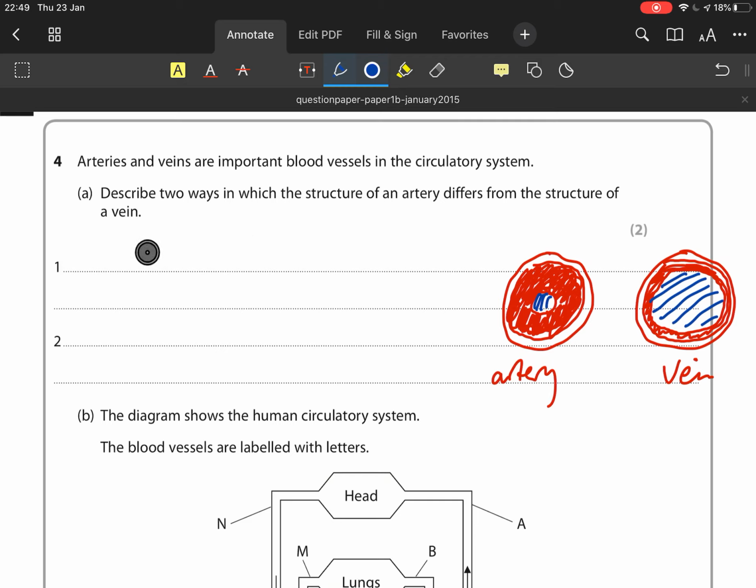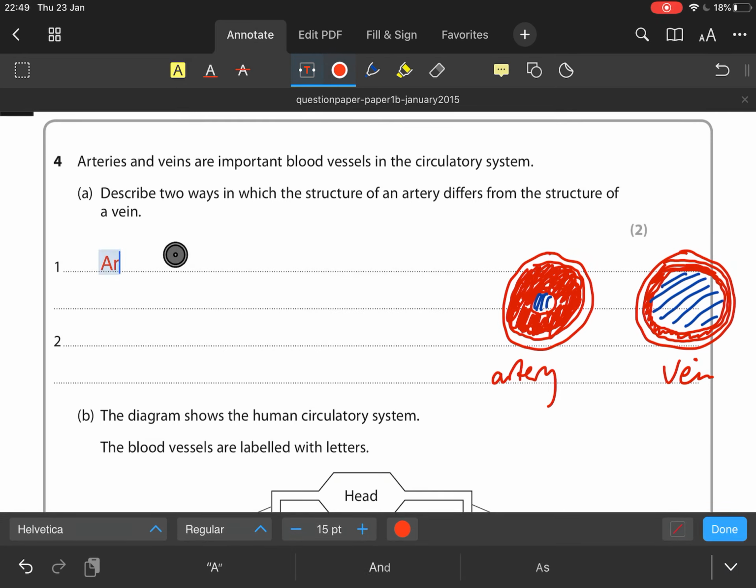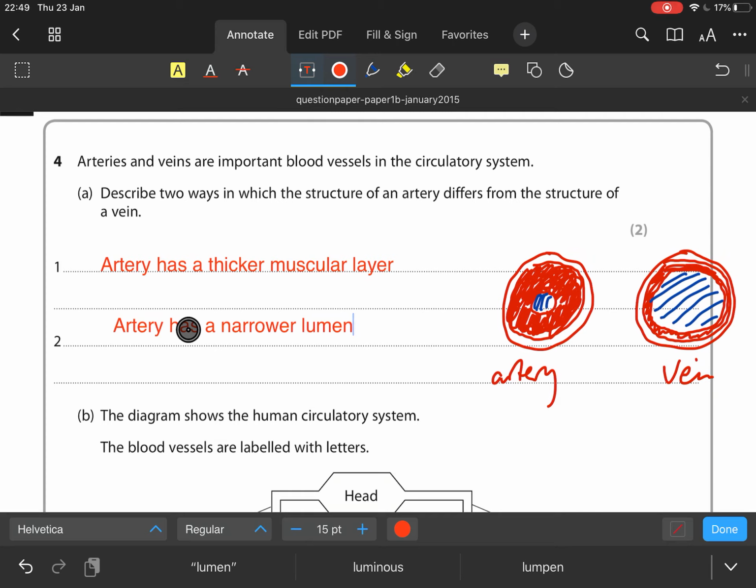I would state an artery has a thicker muscular layer and an artery has a narrower lumen, that space on the inside.